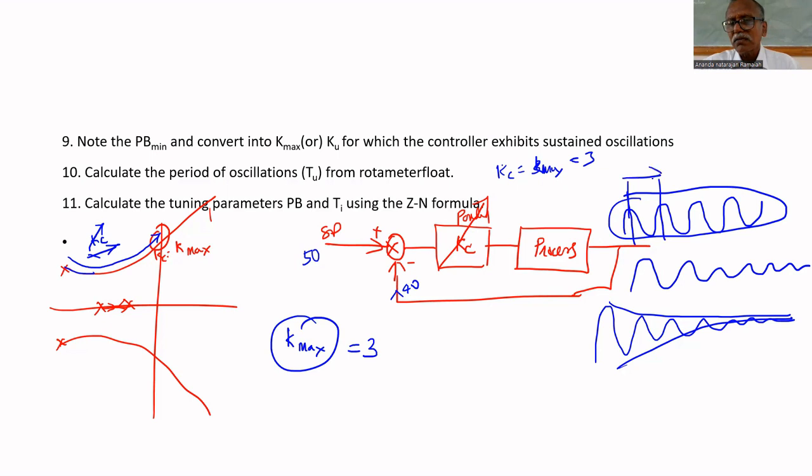Time taken for one oscillation is called TU. Period of oscillation, TU, we have to measure. If you know K max and TU, this K max can also be called KU, the ultimate gain. If you know KU and TU, you can find the tuning parameters.